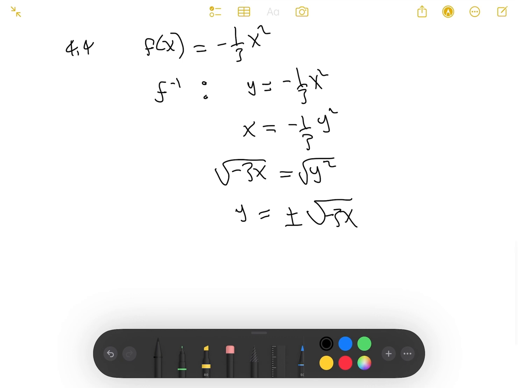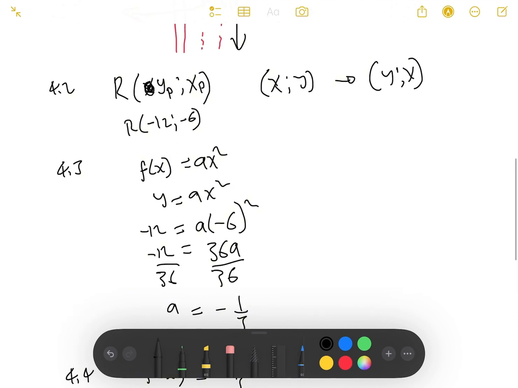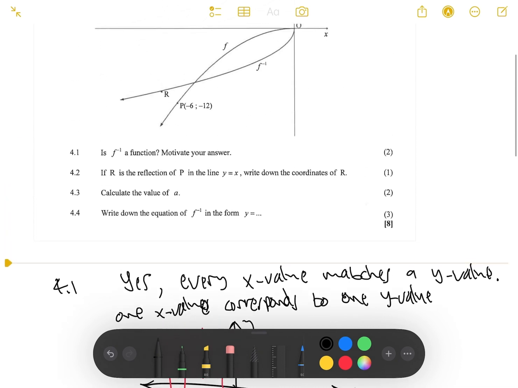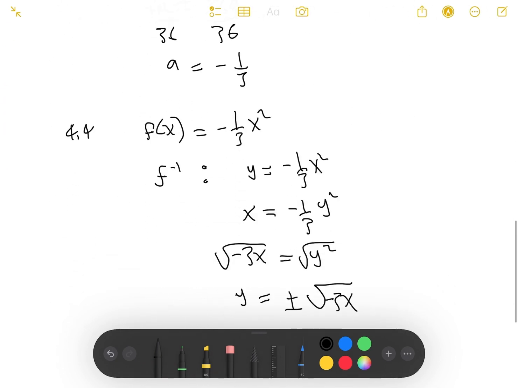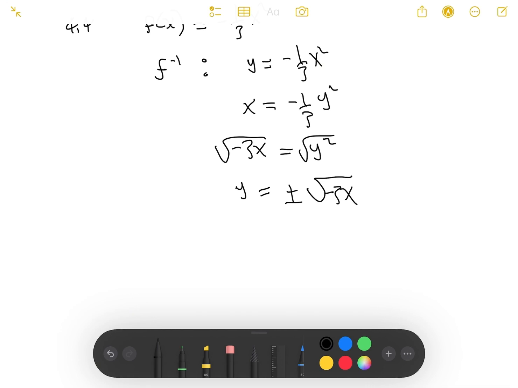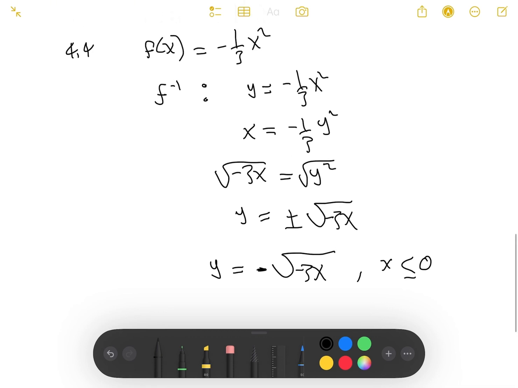But remember that, going back to the graph, the domain that we were given is the negative x values. So here we then have y equals negative square root of negative 3x, where x is less than or equal to 0. So that is the domain that we're given.